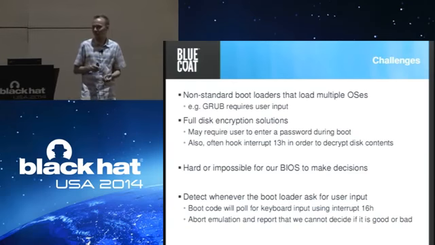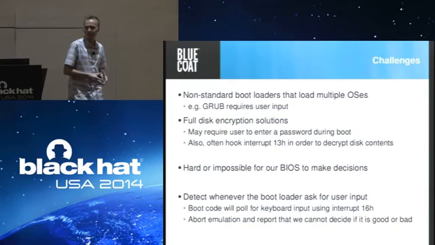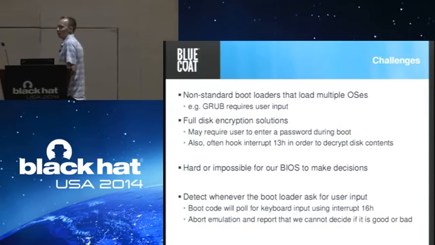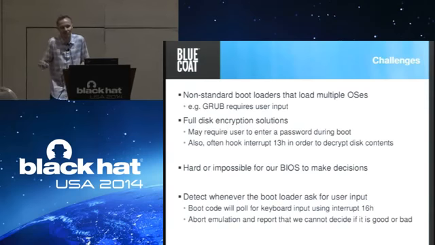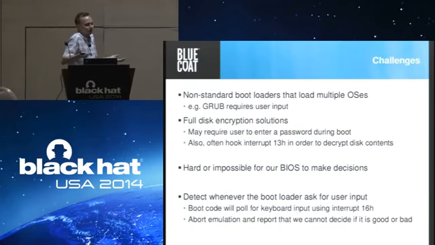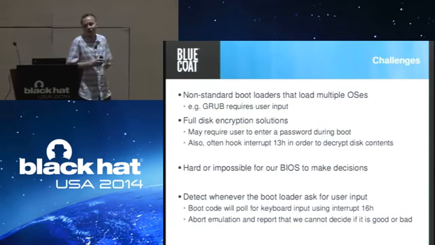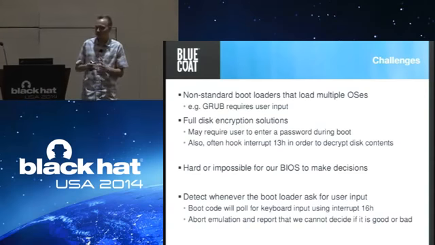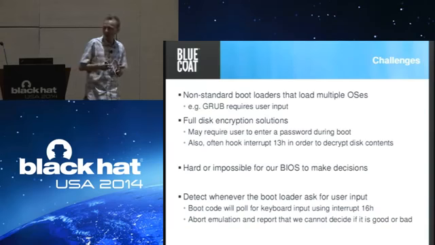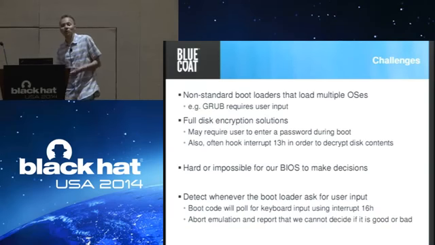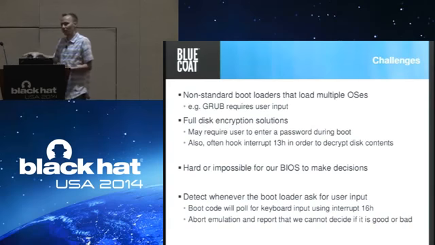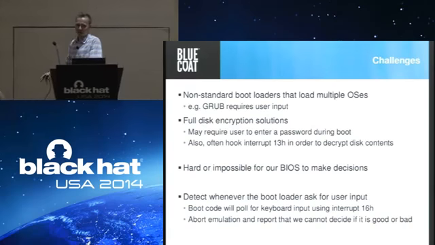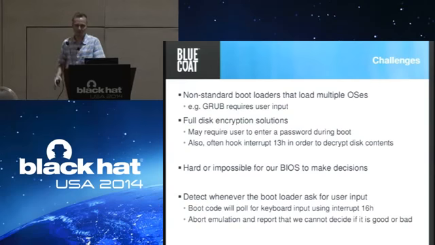And similarly, if you're using full disk encryption solutions, where the user is expected to enter a password at the very start, then, well, you don't know the password, so you will just fail. Another issue with full disk encryption is that it normally hooks interrupt 13, because it wants to decrypt the contents of the sectors or disk as they're being read into memory. Otherwise, the OS would never boot.